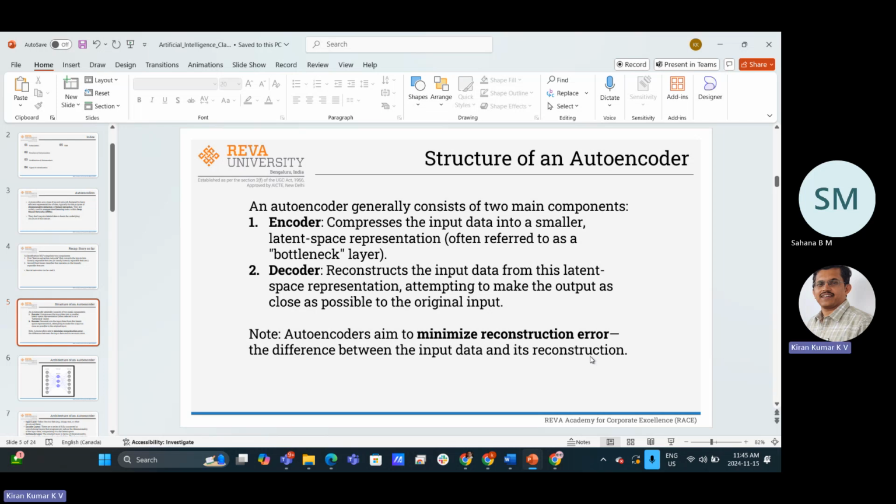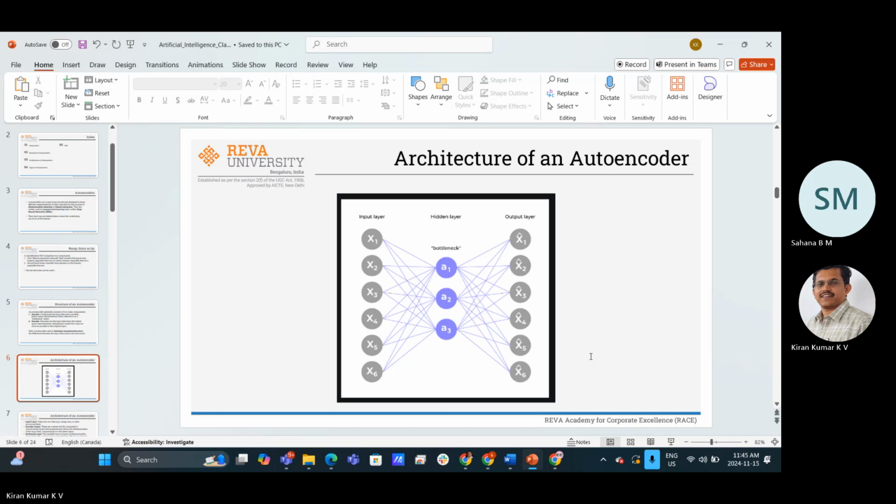So the main aim of the autoencoder is to minimize reconstruction error. What is my reconstruction error? The difference between reconstructed data and original data. So input space, latent space, and output space data is represented here.